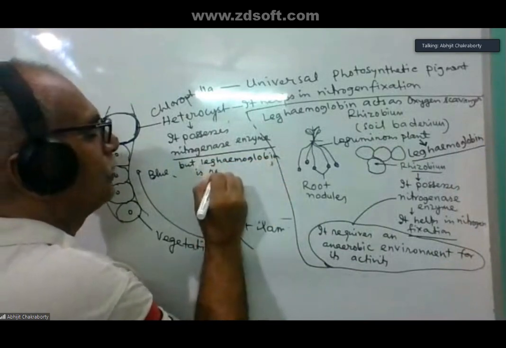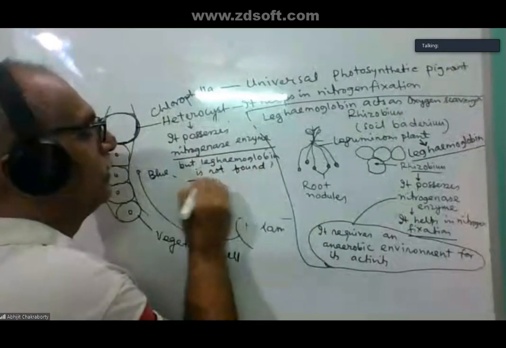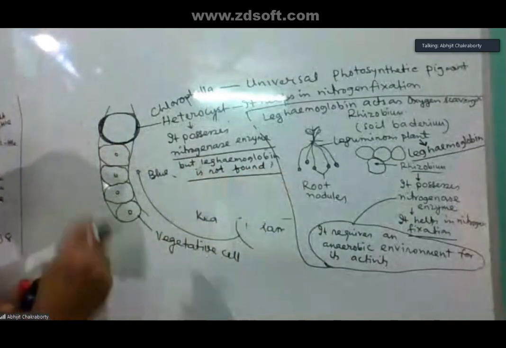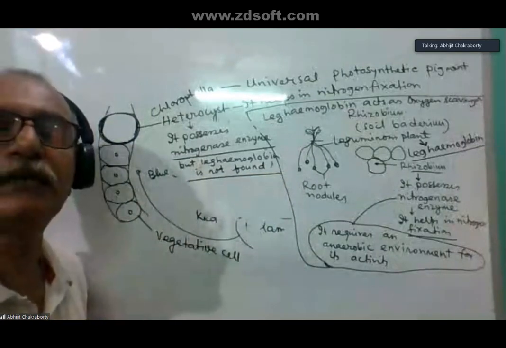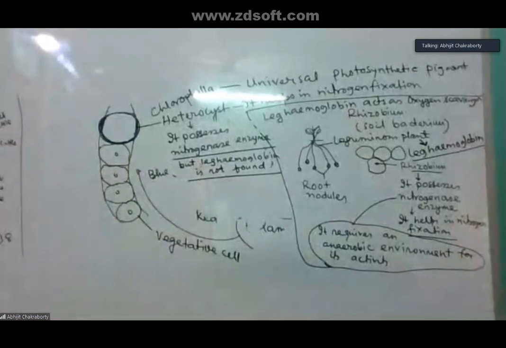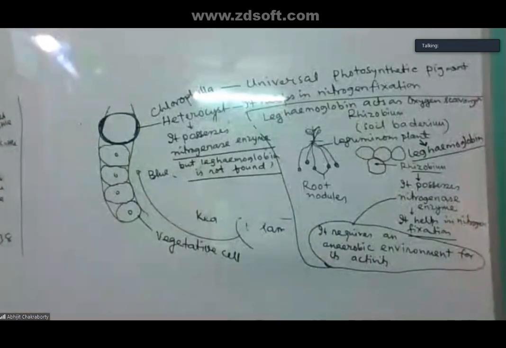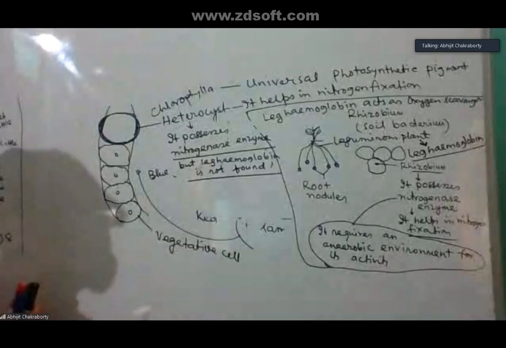If it is so, then in the heterocyst, as I said, an anaerobic condition is required to be developed. So how can it be developed?